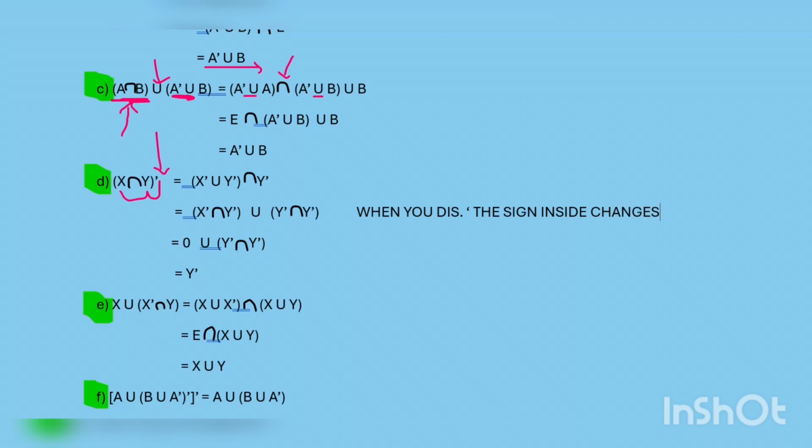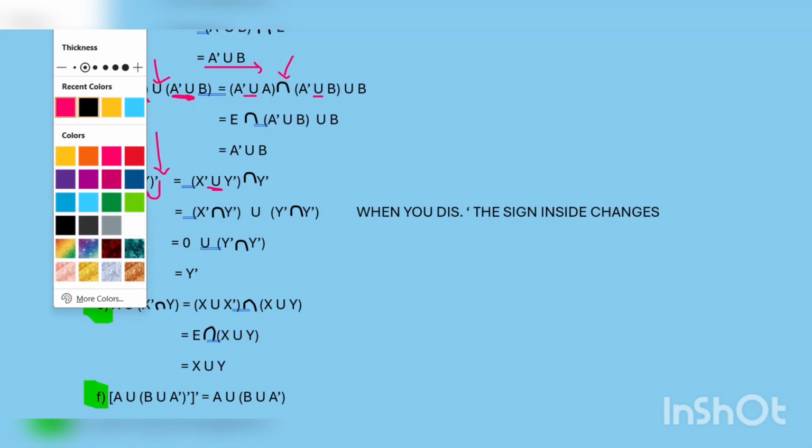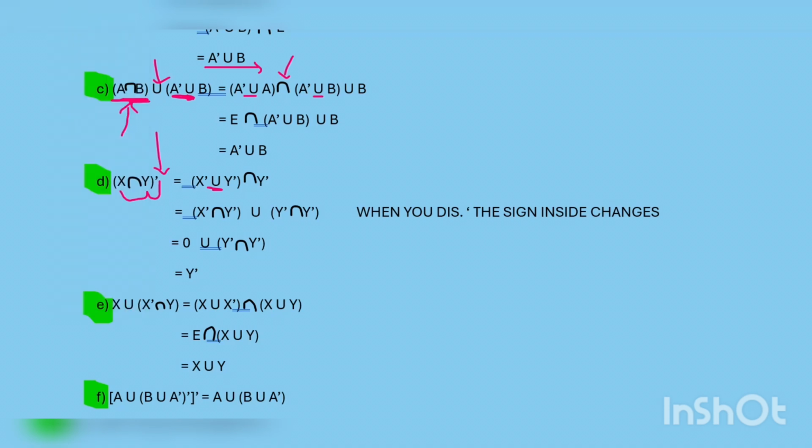So notice once we distributed the apostrophe, this now became a union. Hold on, am I missing something here? Wow, okay, everything's right, guys. I just forgot to write the Y there.